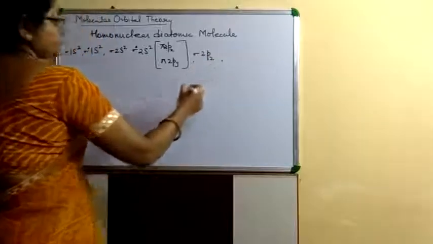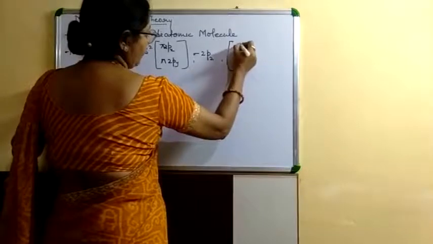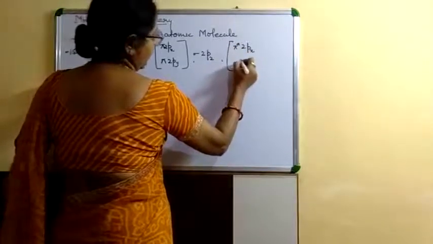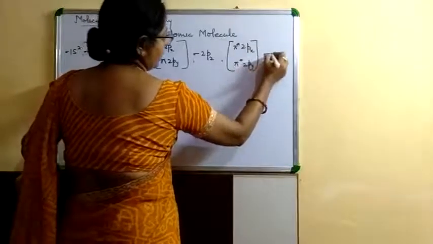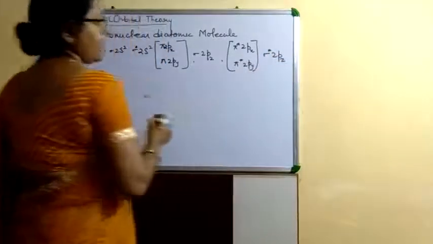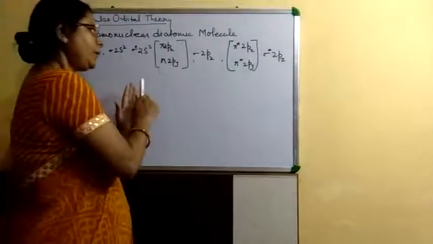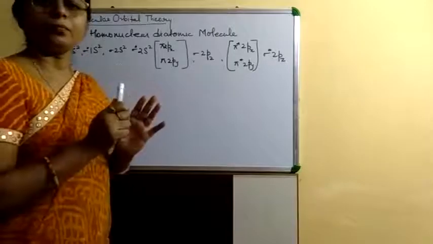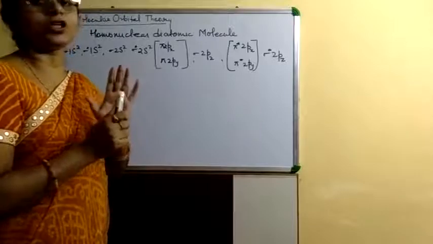Then pi antibonding 2px, pi antibonding 2py, sigma antibonding 2pz. As I explained just now, the px and py orbitals are of the same energy, only their orientation is different.